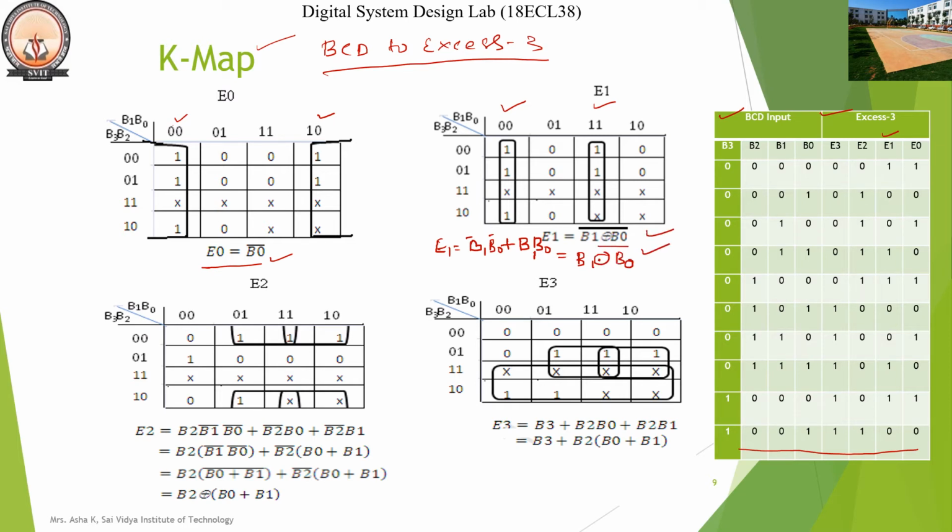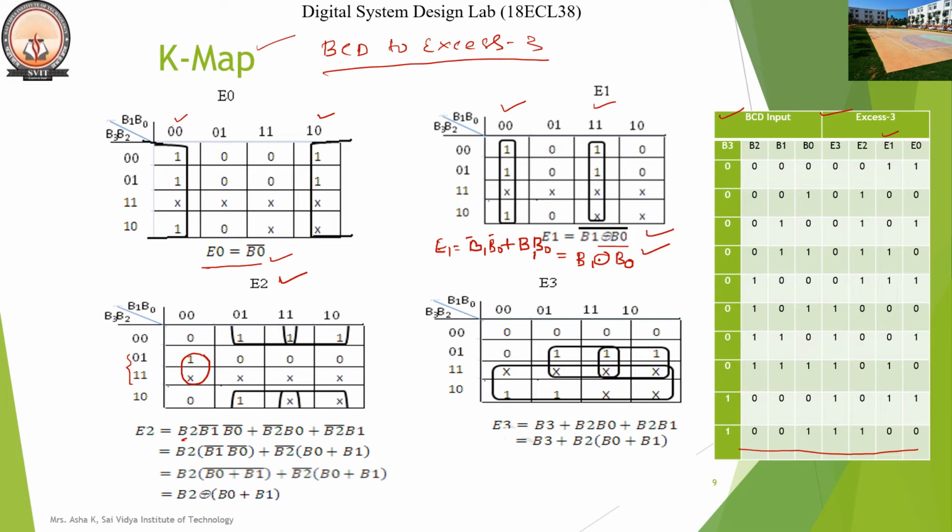It is represented here. And for the XS3 bit E2, after substituting the E2 bit values into the K-map, we are going to get the first grouping 1 and x. Here B3 cancels out. We are going to get B2 and B1 dash with B0 dash.